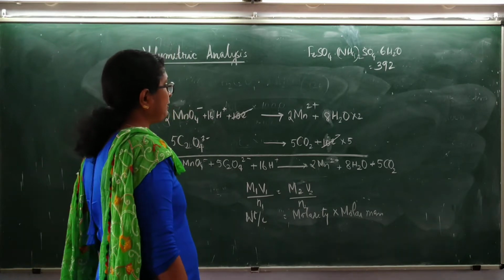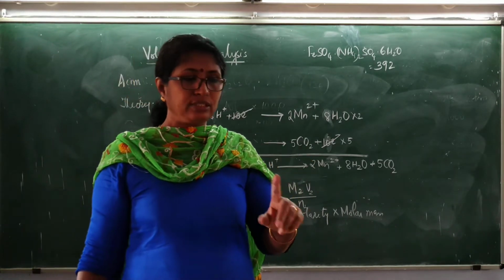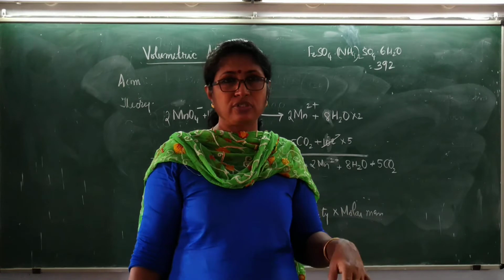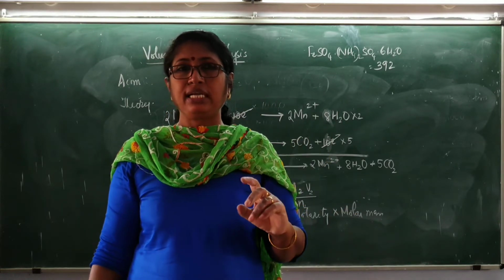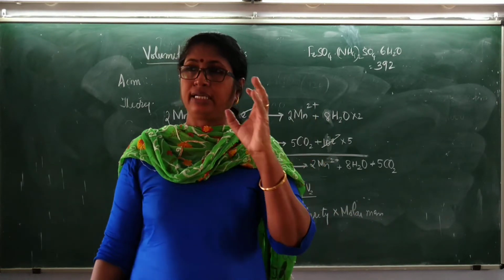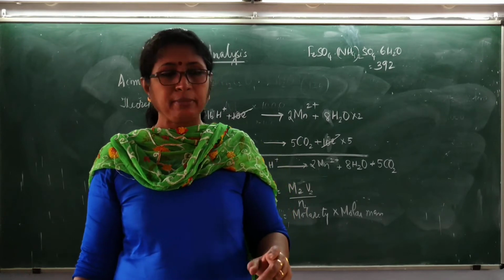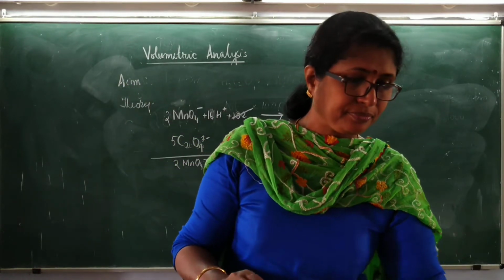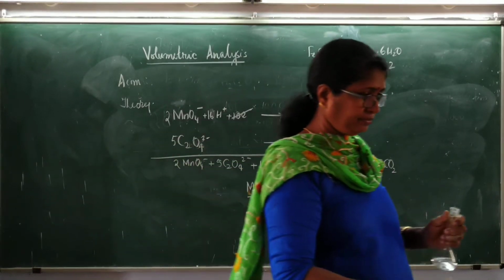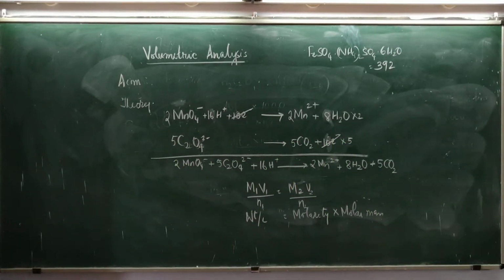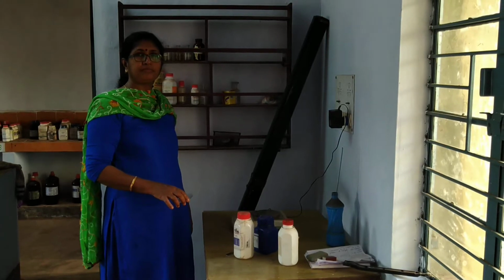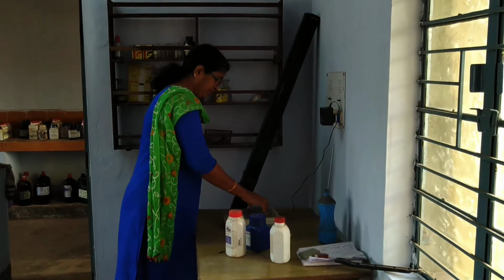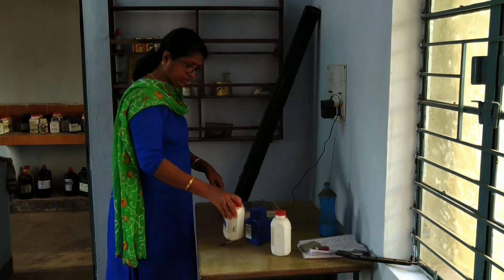So the first step is the preparation of standard solution of oxalic acid, and the second one is the estimation of potassium permanganate using standard oxalic acid. We are going to prepare the oxalic acid.